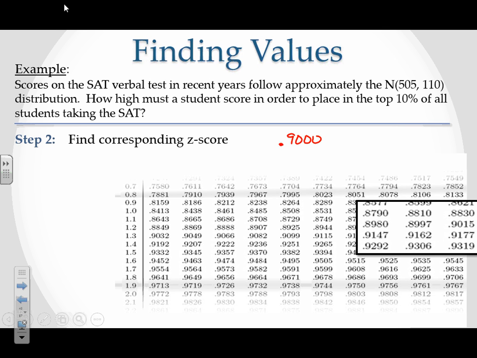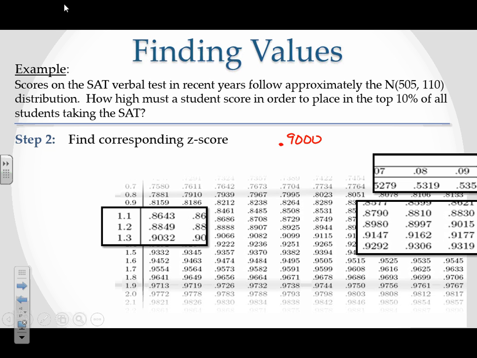Okay? So from that 0.8997, follow it to the top row, and follow it out to the left column. When you follow it up to the top row, you get the hundredths place of 0.08.